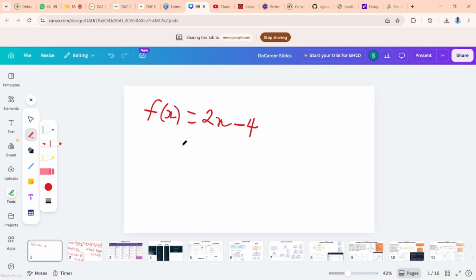Another way of writing this could be y is equal to 2x minus 4. So this is another way of writing it, but this is very basic, too basic. Another way of writing the f of x is this one, right? But I'll mostly be using this function.